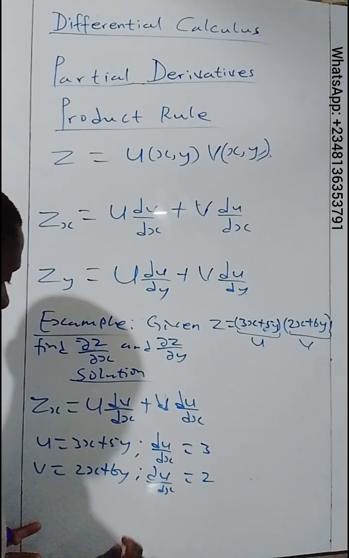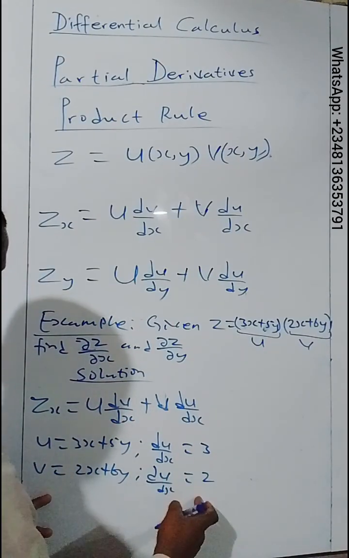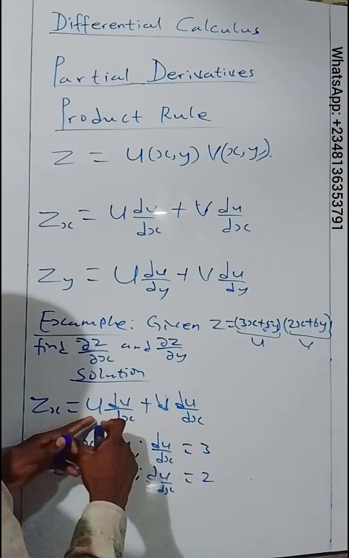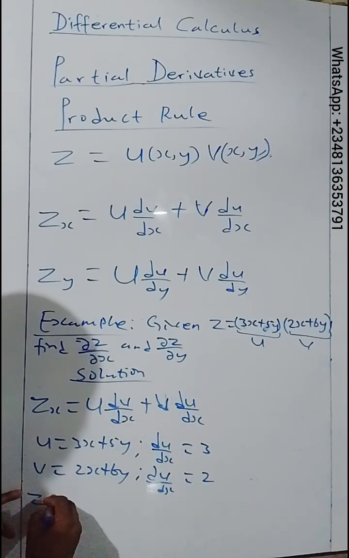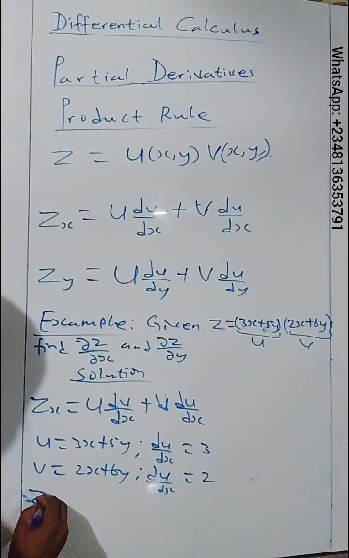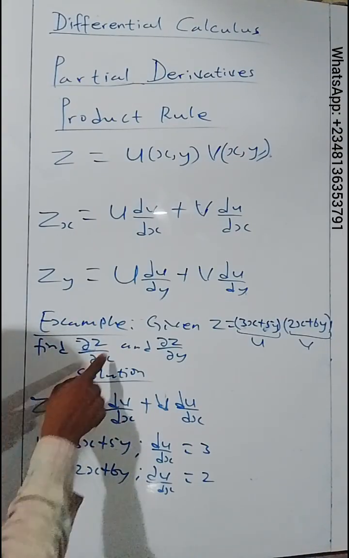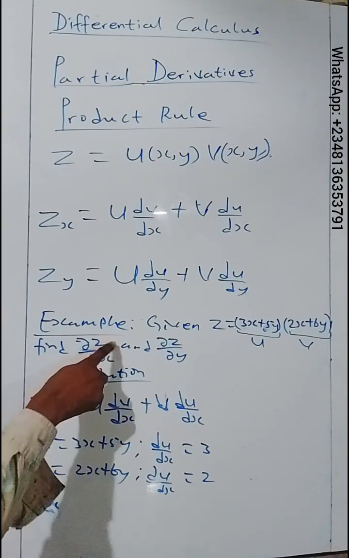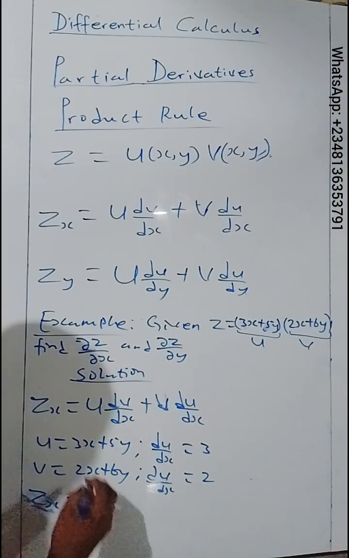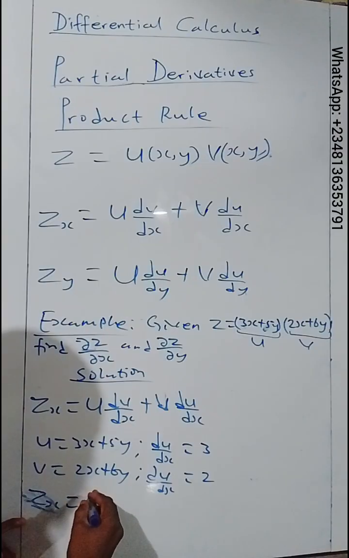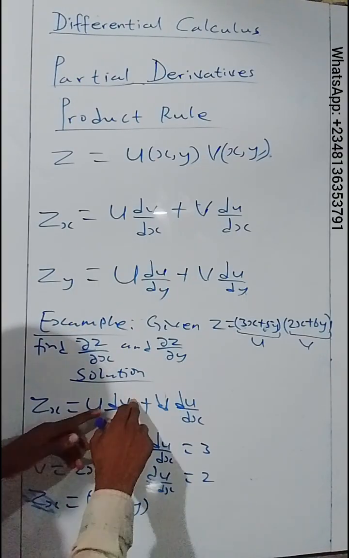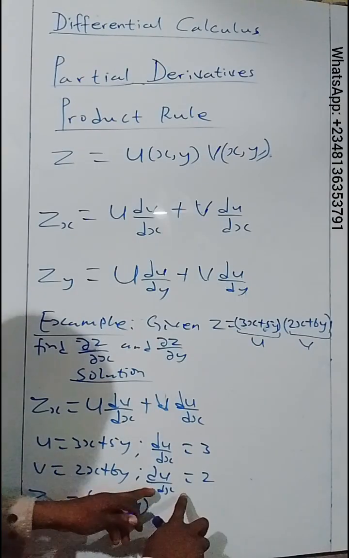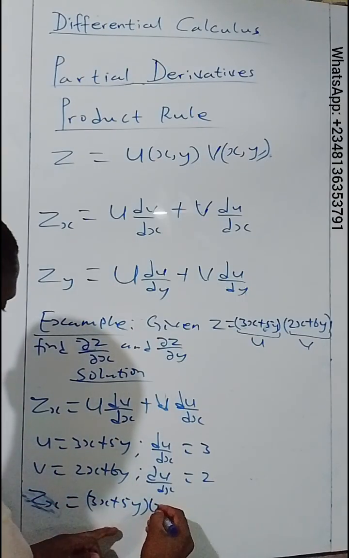Having gotten that, we can go back and substitute. So z sub x, which is equivalent to dz/dx, is equal to u, which is 3x plus 5y, times dv/dx, which is 2.